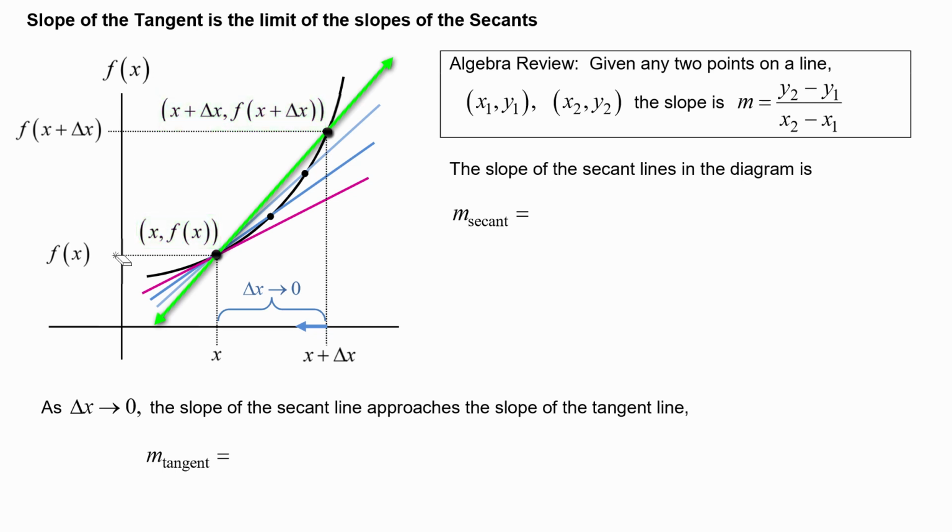So to find the slope of this secant line, we have to do y2 minus y1.